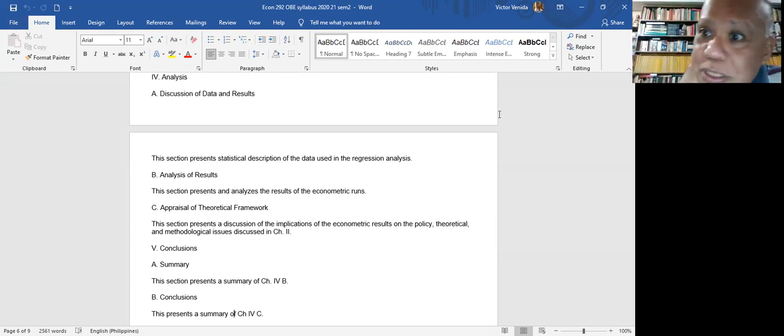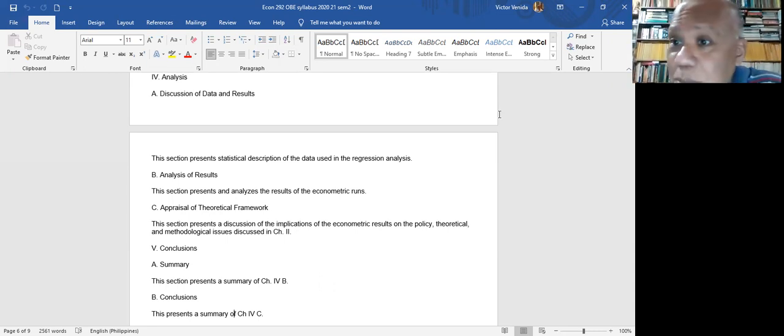Okay, do your results suggest what policies might need to be revised or nullified or continued? Then when it comes to theories, okay, you've gone through several theories, but you chose to focus on one, at most two.